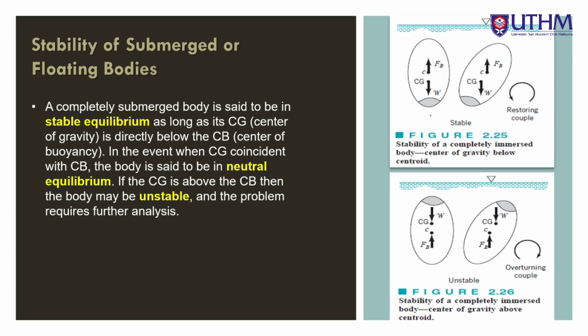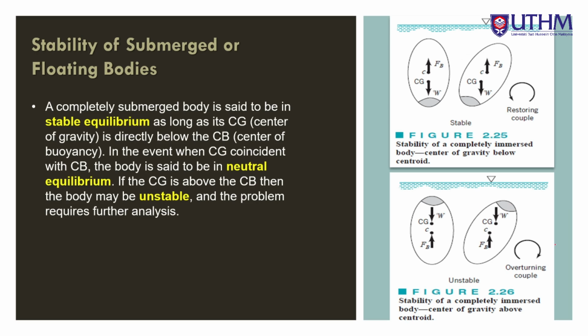So kalau kita tengok dekat dua figure ni, figure di atas menunjukkan satu objek yang stable. Kalau kita tengok dia punya center of gravity berada di bawah dan center of buoyancy dia berada di atas. So bila benda ni bergerak kiri kanan, dia akan produce couple, iaitu restoring couple. Couple ini bertujuan untuk menstabilkan semula objek tersebut kepada kedudukan asal.